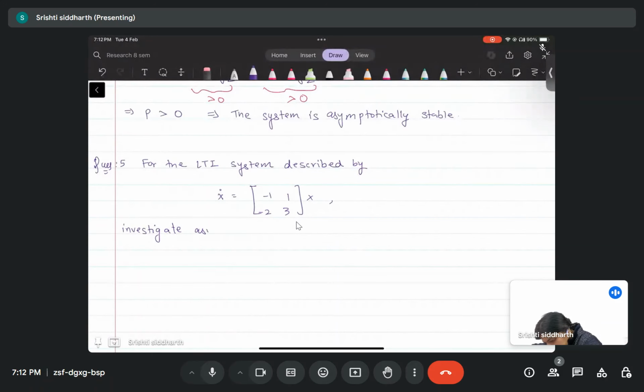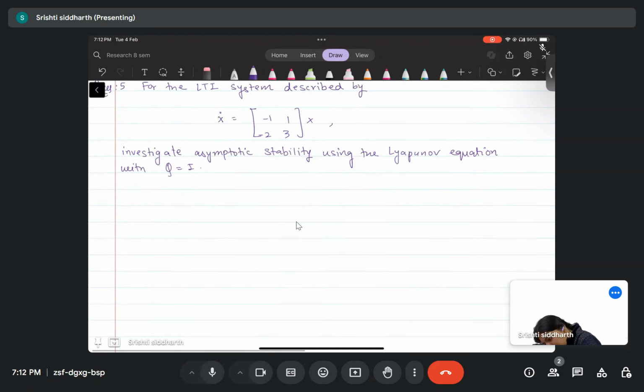Still asymptotic stability, Lyapunov equation, and Q equals I. So again, let's assume that we have some matrix P which is symmetric.